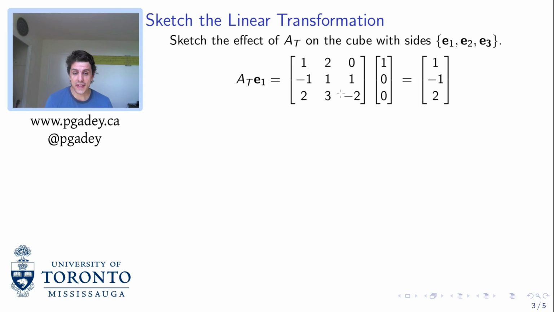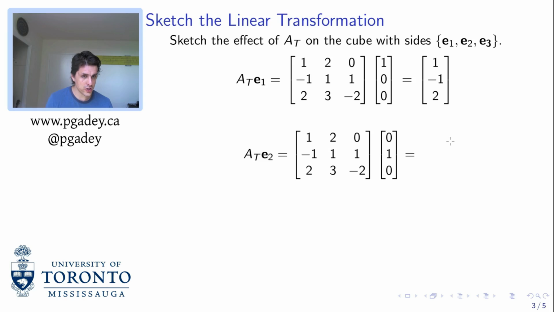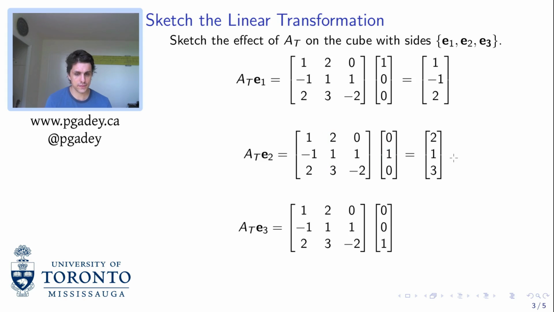And when we multiply by E2, now this coefficient is going to extract information from our second column. So all we'll get when we do the matrix multiplication is the second column. Let's see what happens when we do E3.